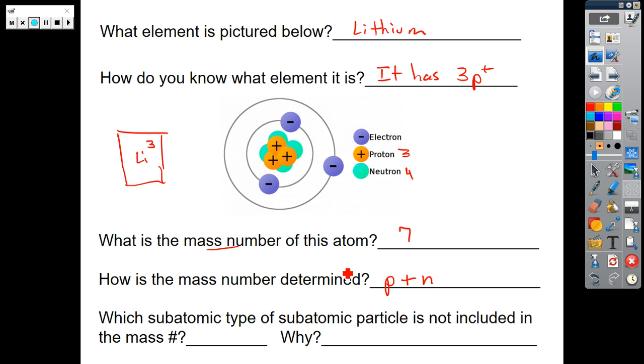Okay? Now, what did we not include in the mass number? Well, we didn't include the electrons. Why didn't we include the electrons? Well, the electrons have essentially no mass.